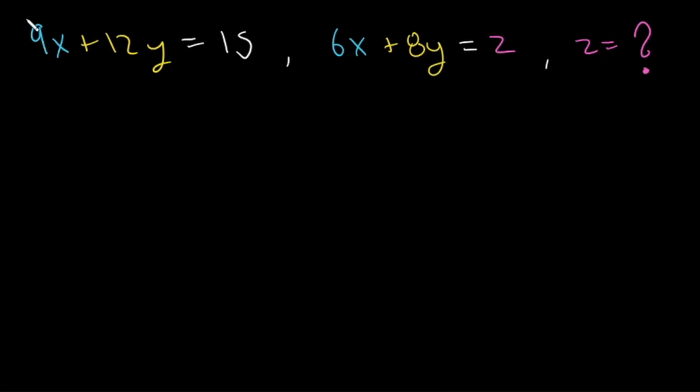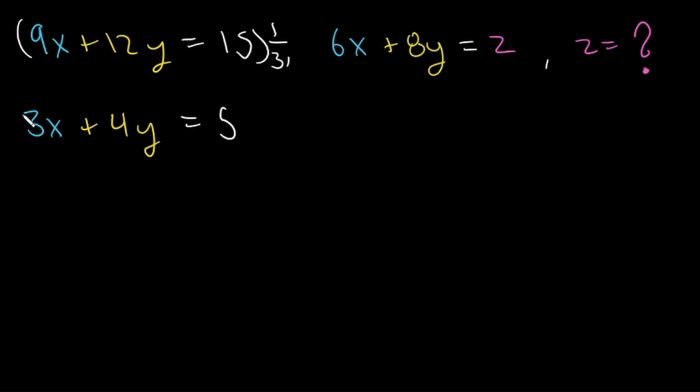Let's simplify this first. Let's divide by 3, because 9, 12, and 15 are all divisible by 3. We will have 3x, and 12 divided by 3 is 4y, and that is equal to 5. So we have 3x plus 4y is equal to 5, and then we have 6x plus 8y is equal to z. You may see that 3x times 2 is 6x, and 4y times 2 is 8y.